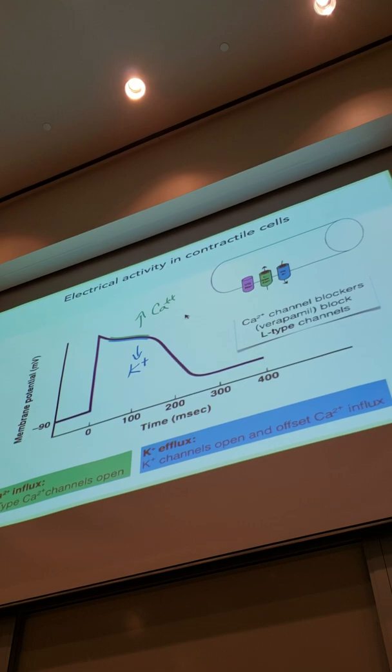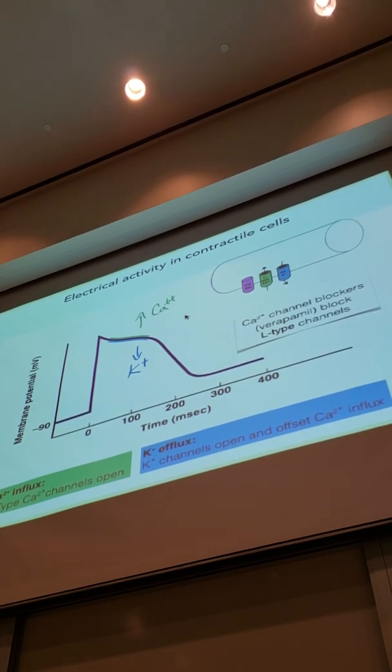So if they're both open at the same time, we get this brief period of time where we're not moving strongly up or down. We're moving down a little bit more negative. Potassium's kind of winning out a little bit, but we've got both working in opposite directions.